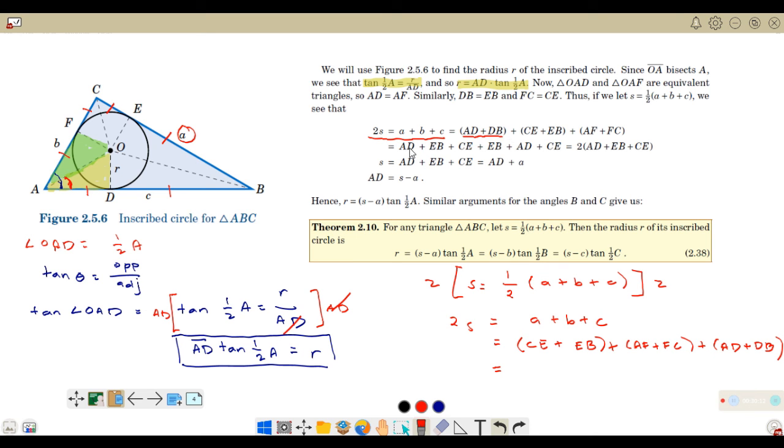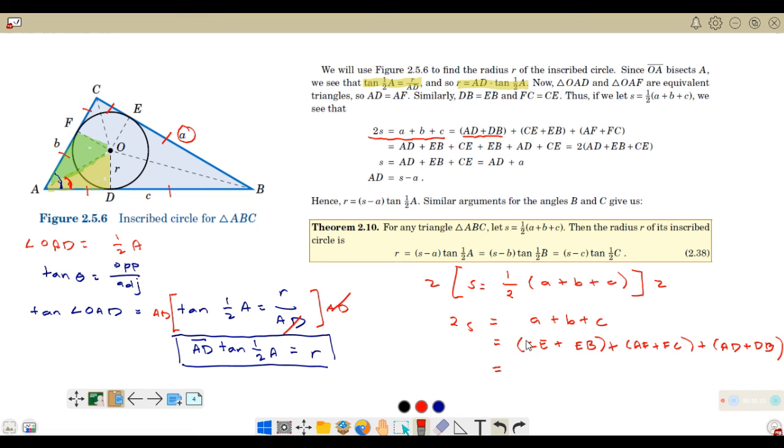So, we can write it as, so ito, hindi ko na siya isusulat ha, madali naman siya sundan dito. AD plus EB plus CE plus EB plus AD plus CE.